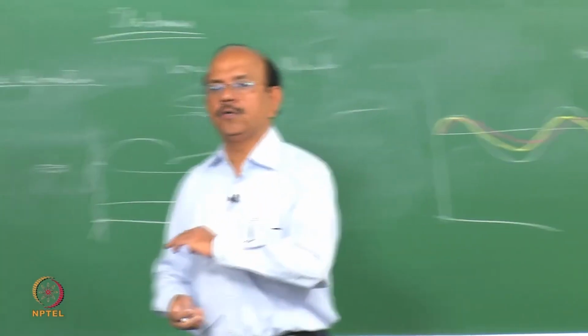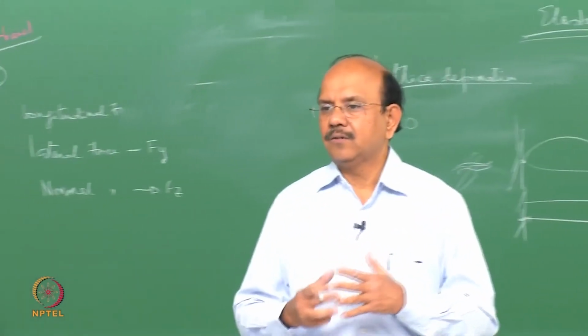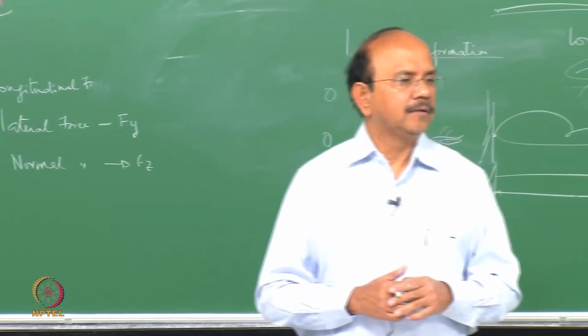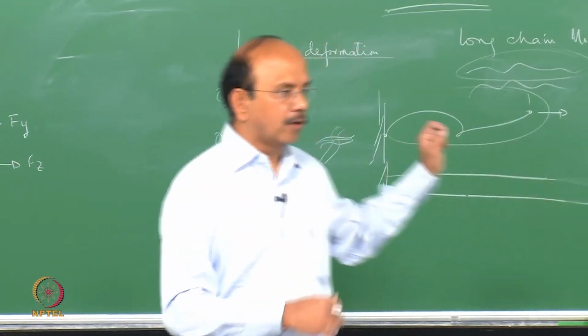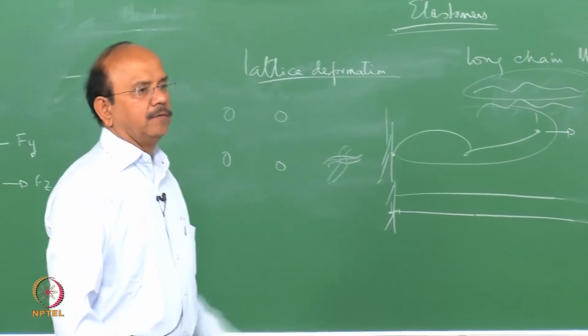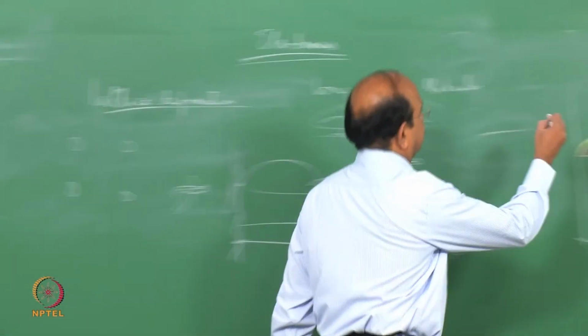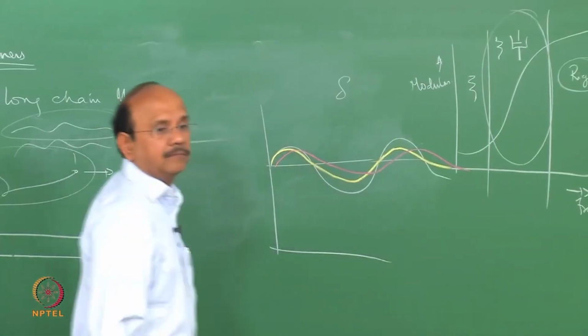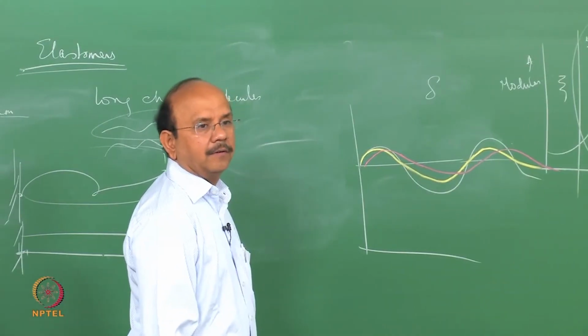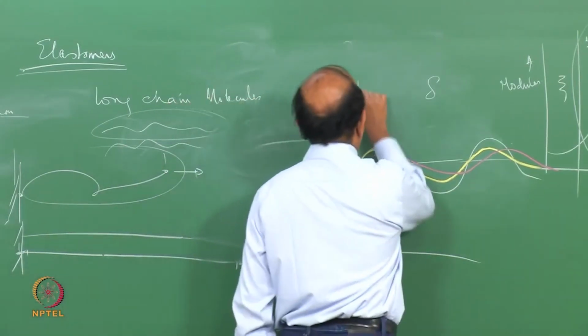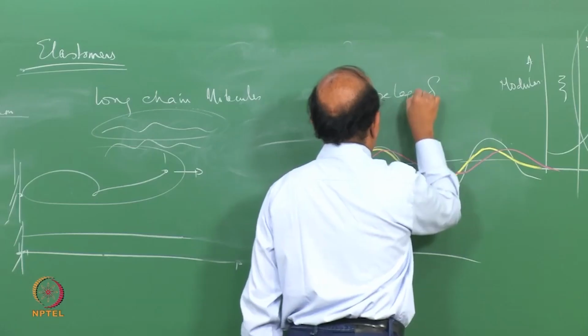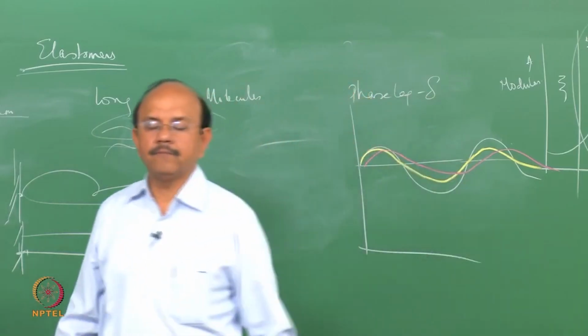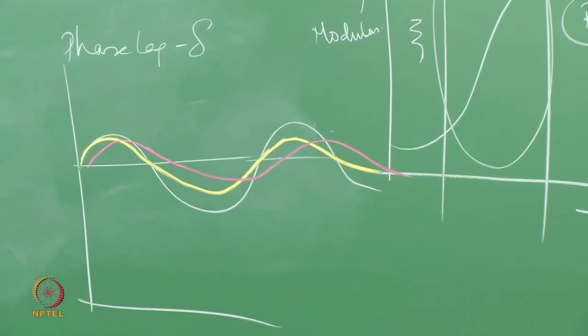So this is a very important property which we will see more and more. We will call this phase lag delta, the phase lag between the stress and the strain.